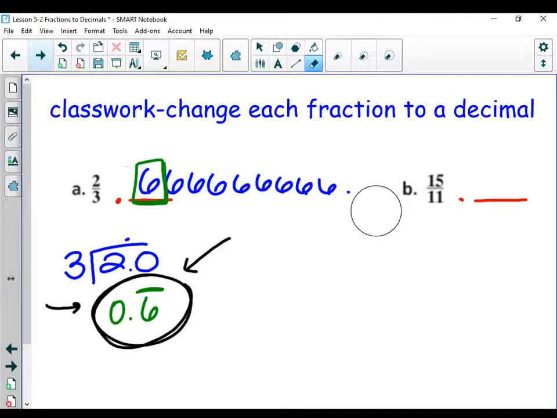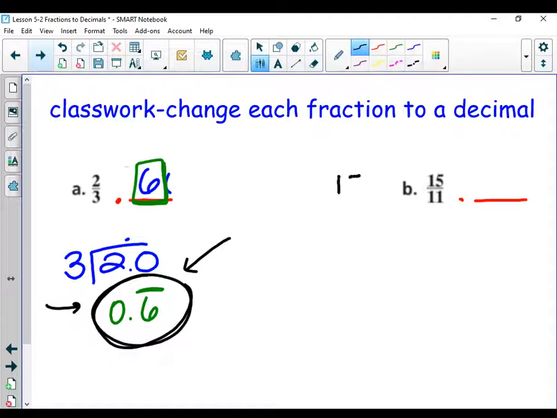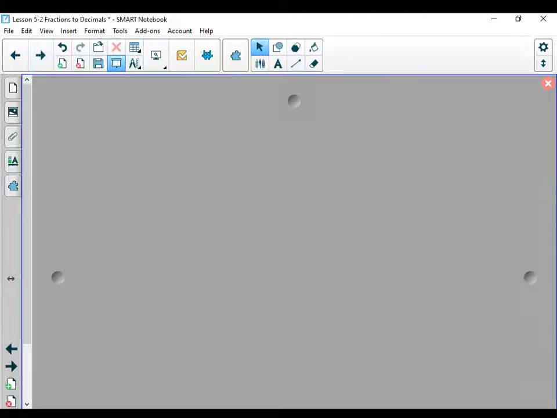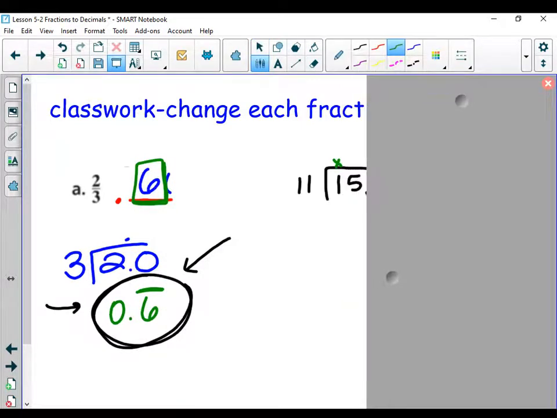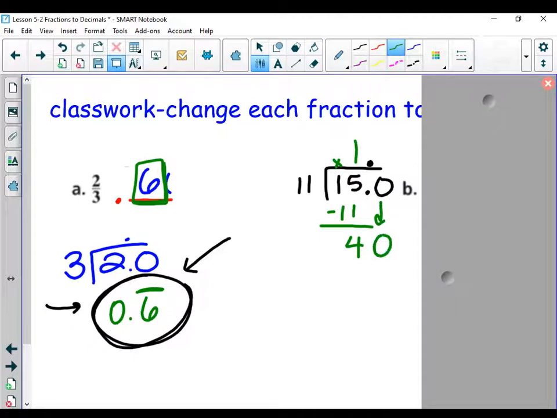15/11. I highly doubt you have that memorized. I do not have that memorized. I need to do a side problem. You need to do a side problem. Does 11 fit into 1? No. Does 11 fit into 15? Yes. Does 11 fit into 40? Yes.